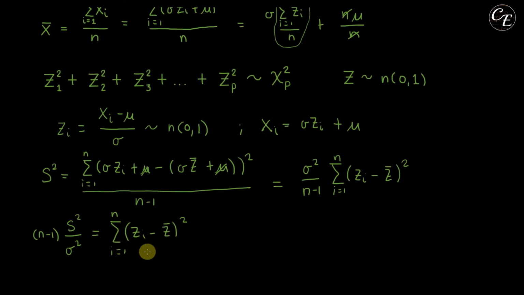Now we can simplify it further by expanding the square. So we have the summation of z sub i squared minus 2 times z sub i times z bar, then plus z bar squared.